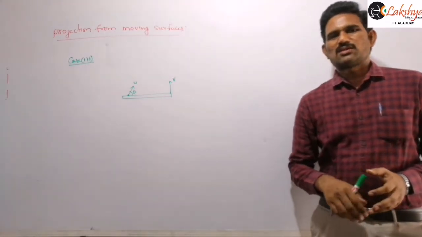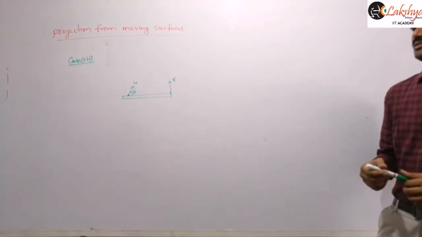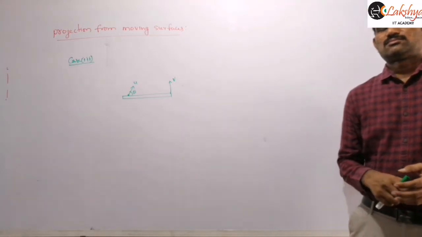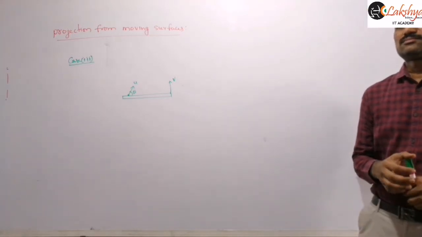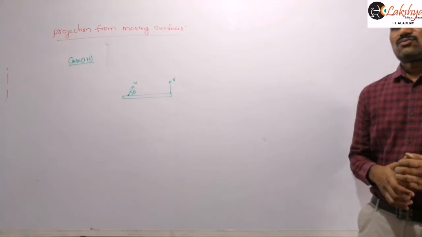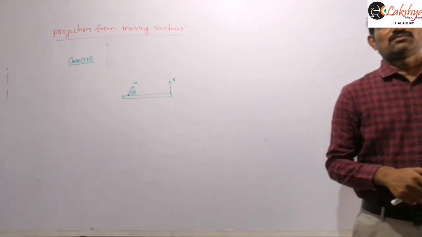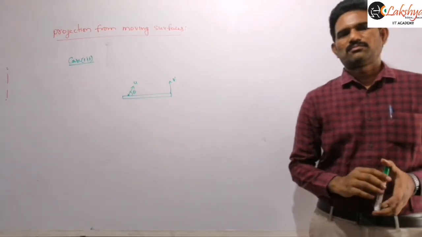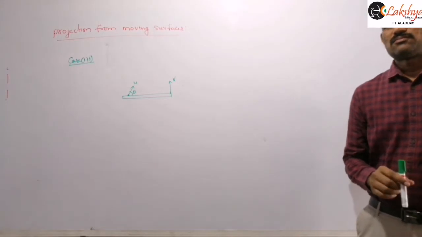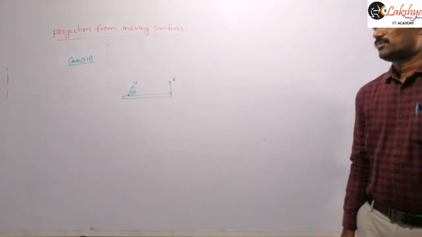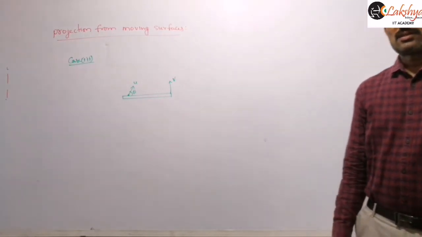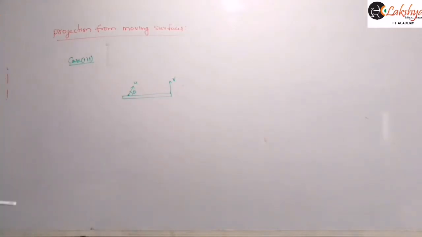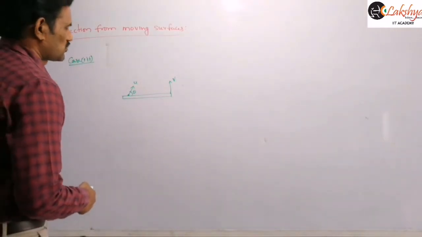An object is projected from the platform with initial velocity u with respect to the platform and at an angle theta with horizontal, as shown.